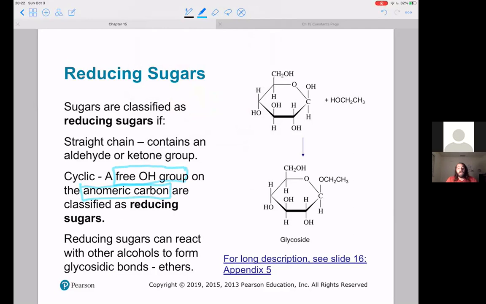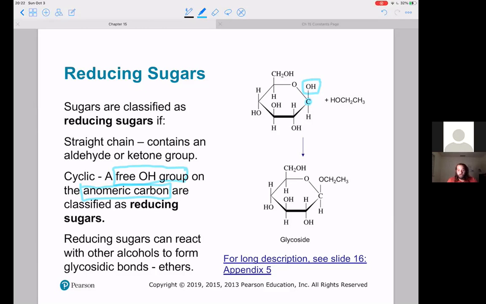Okay, so any time we're given the closed chain form of a sugar, whether it's a monosaccharide, a disaccharide, a polysaccharide, if we're being asked, is this a reducing sugar, what we're going to do is look at the anomeric carbon and see if it has a free OH group. In this case, there is a free OH group, so this is a reducing sugar.